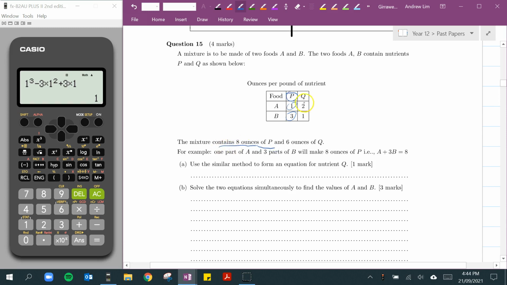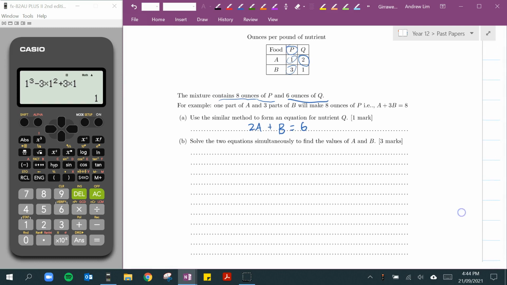So the similar method has to be 2A plus 1B has to equal 6 ounces of Q. Solve the two equations simultaneously to find the values of A and B. So if we have A plus 3B is equal to 8, we've got 2A plus B is equal to 6.